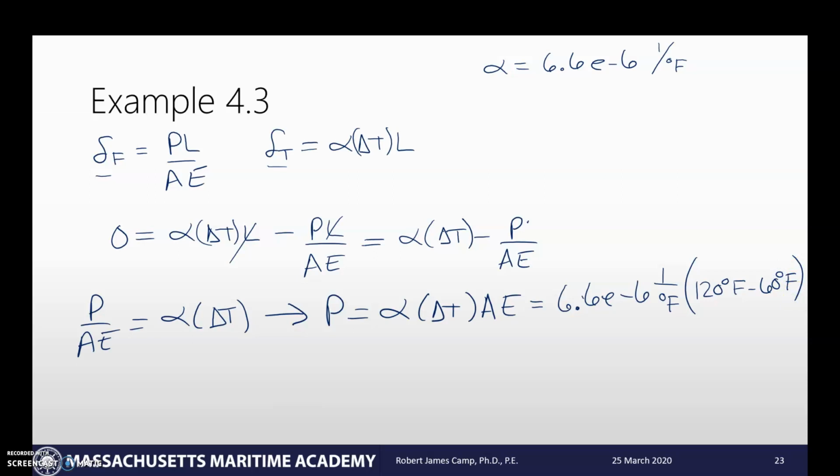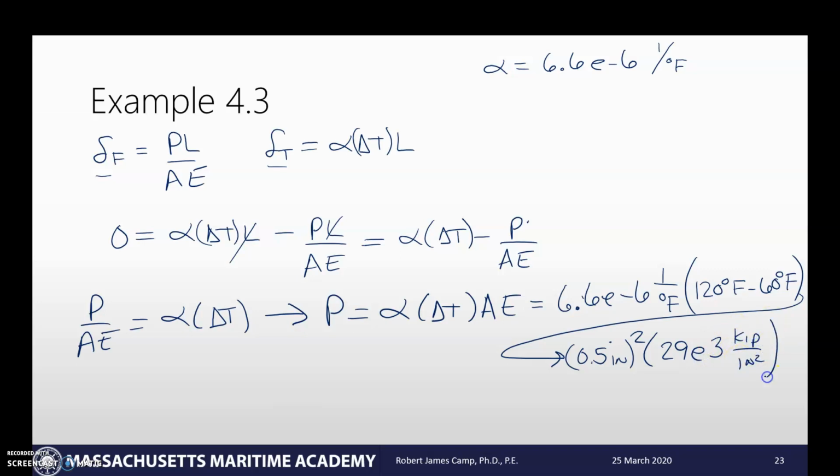We'll pop down to the next line here. So we've got the area. Now, it's a ½ inch times a ½ inch. So we'll just do a ½ inch squared times 29e to the 3 KSI, kips per square inch. So kips per inch squared. So the inches squared will cancel out. The degree Fahrenheit will cancel out.